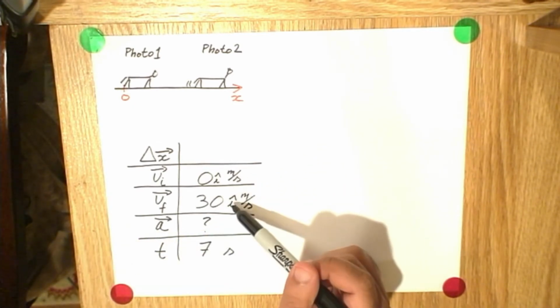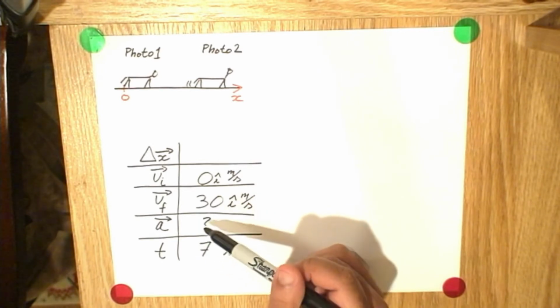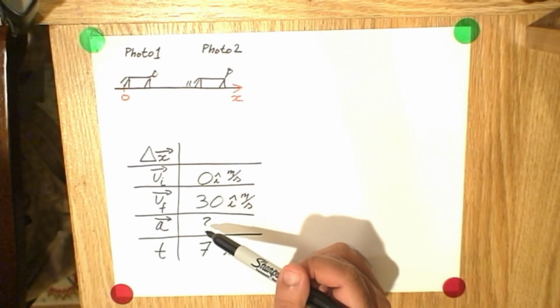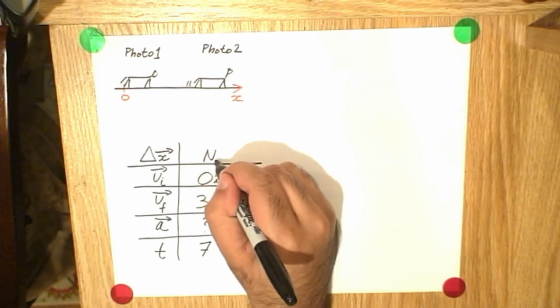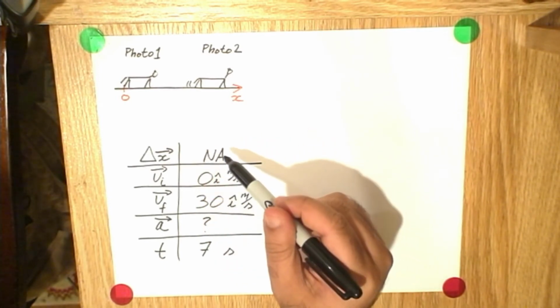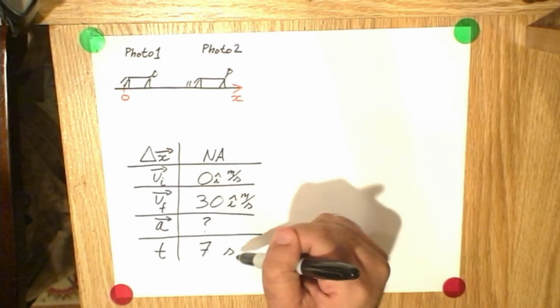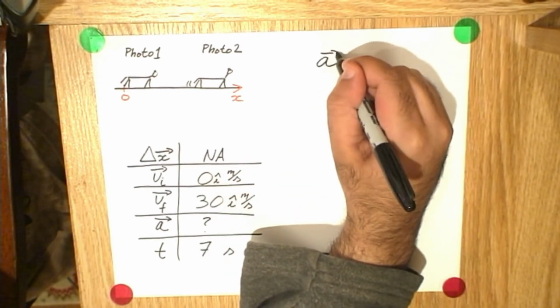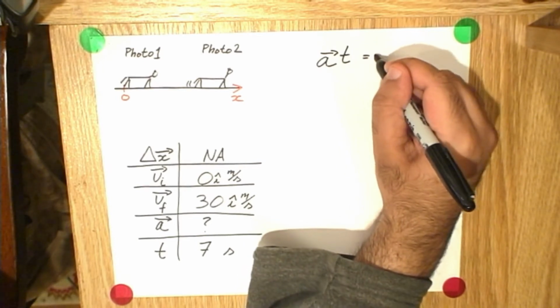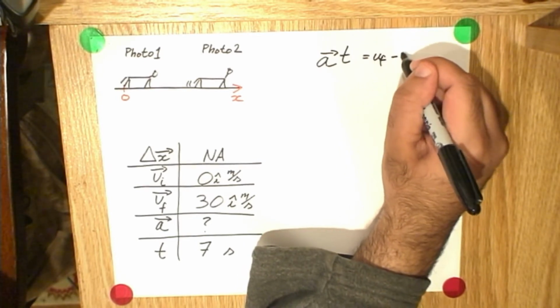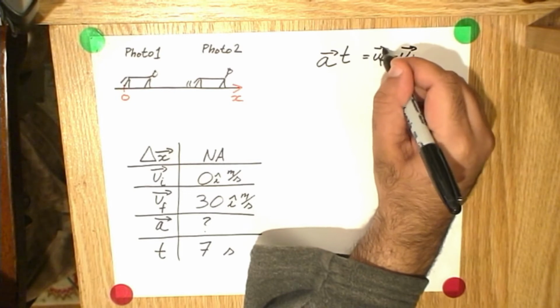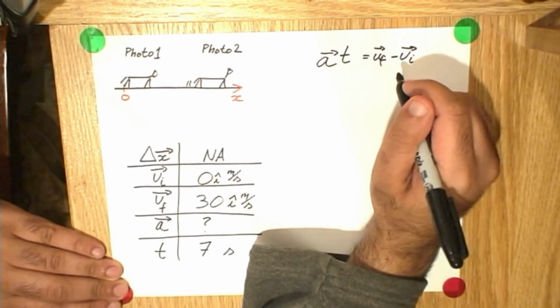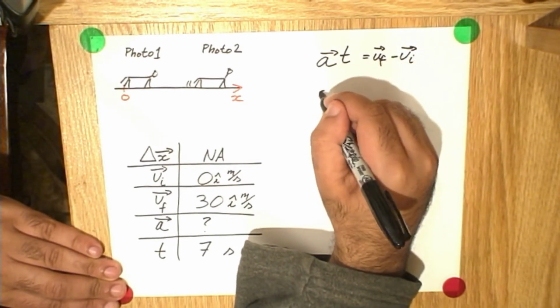We know the two velocities and the time, and we're looking for an acceleration. There is only one equation that weaves together these four quantities, and that's toolbox equation 1. So substitute what we know and solve.